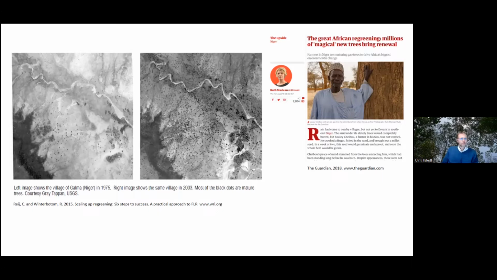This is one example from Niger of an area where one has increased the number of trees through projects and through the work of local farmers in the area to protect trees.